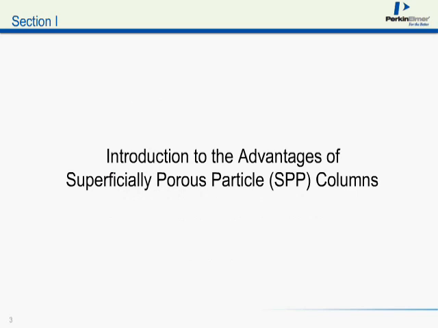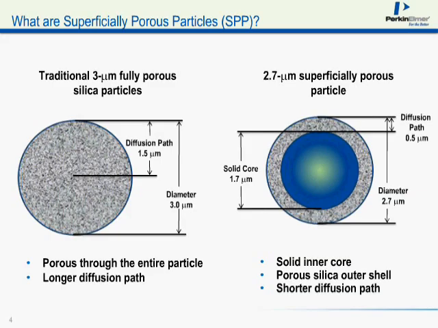So to begin with, I want to talk a little bit about the advantages of superficially porous particle columns. I'll start with a diagram of a traditional fully porous particle and a superficially porous particle. On the left is a representation of a fully porous silica particle.